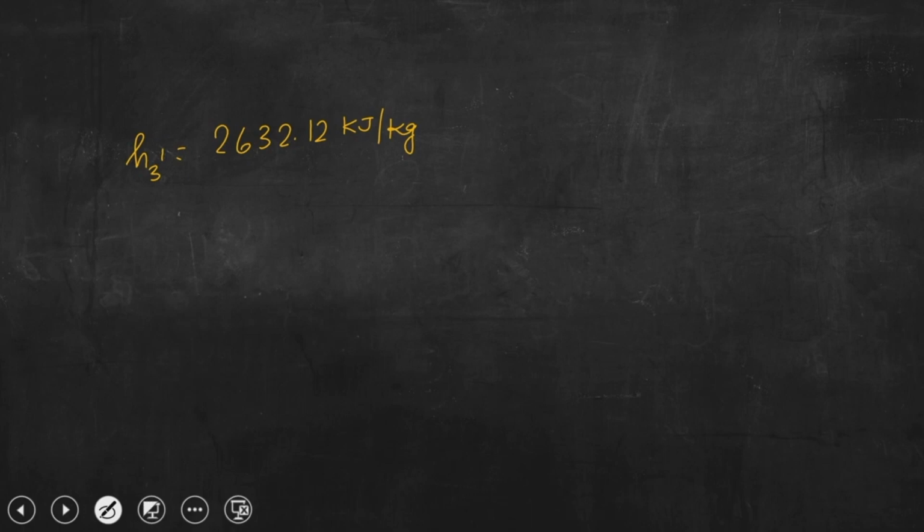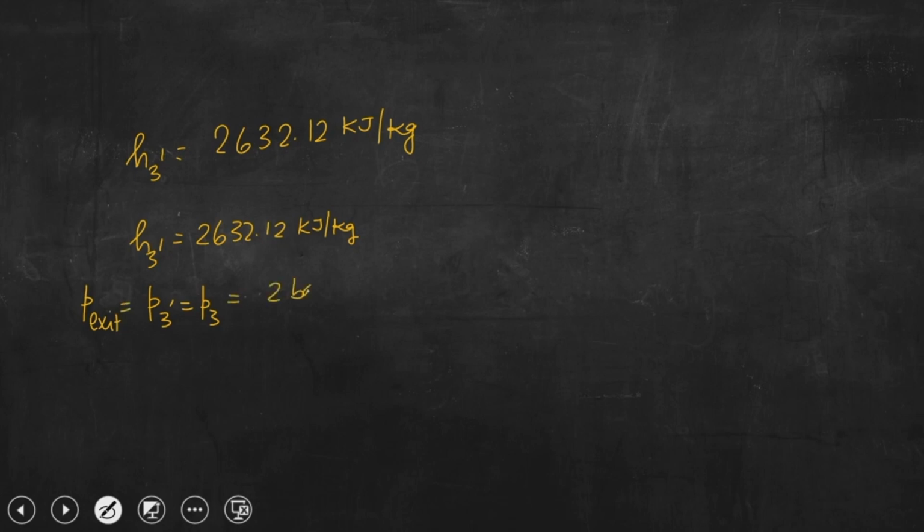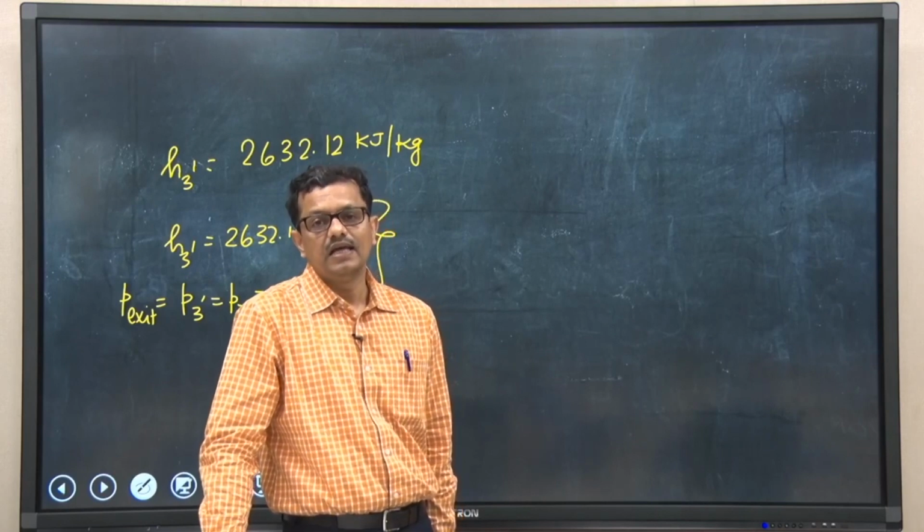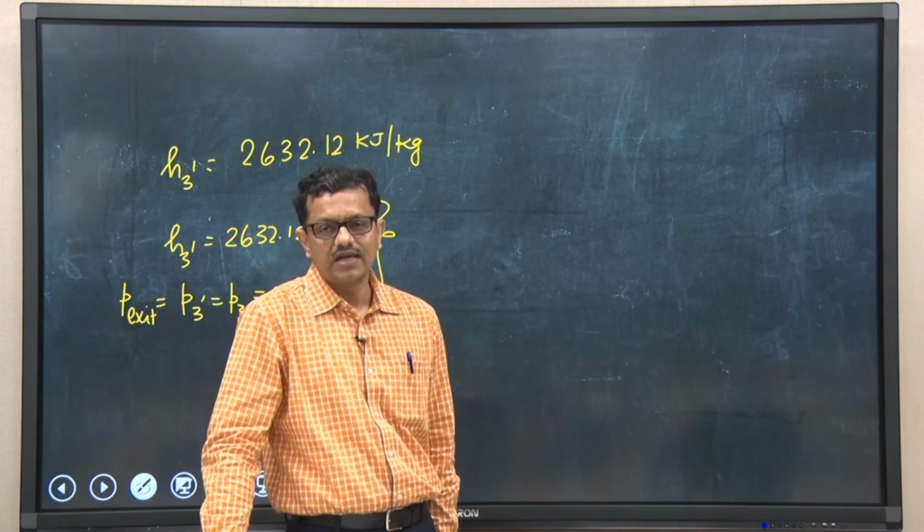Now, next issue is what would be X3 prime. So, H3 prime equal to 2632.12 kilojoule per kg, P3 prime equal to P3, that is P exit equal to 2 bar. So, knowing these two properties and by looking at the Mollier diagram HS plane, we can get what is the quality, dryness fraction.